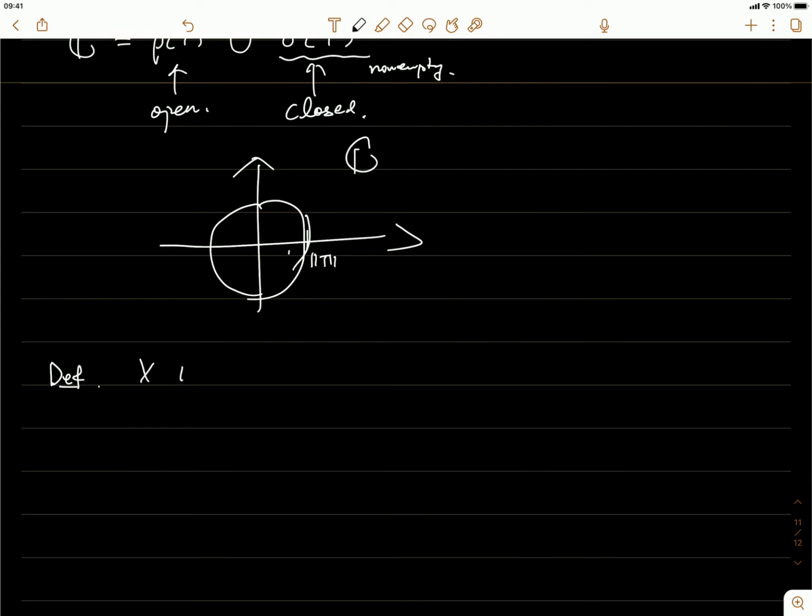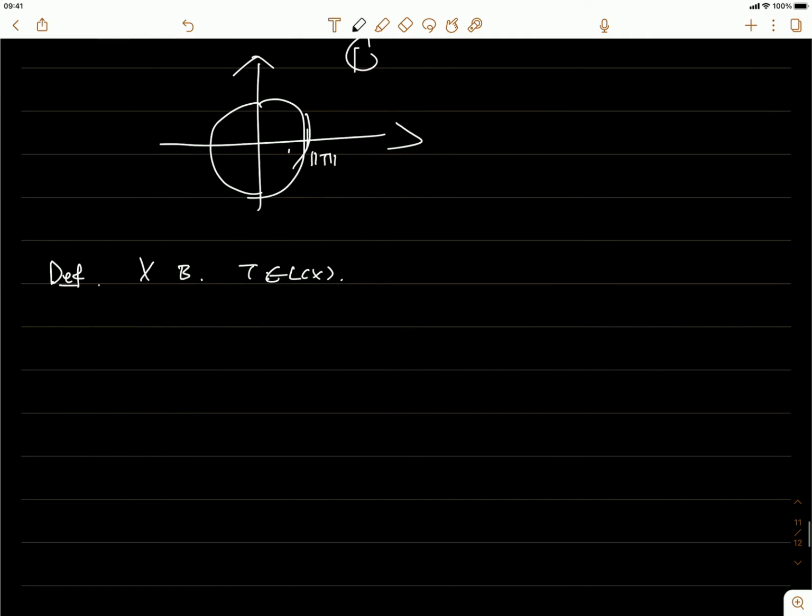So again, X is a Banach space, T is a linear operator. Then the spectral radius of T, denoted by r sigma of T, where r means the radius and sigma means the spectrum of T, is a real number.